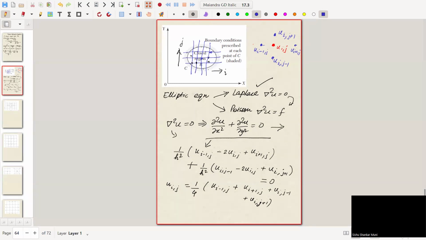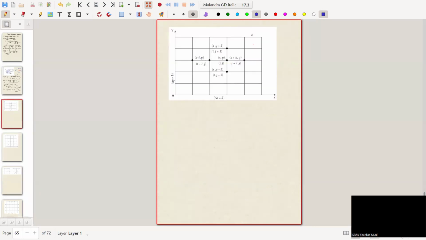So you can see how the structure looks. The same thing is drawn here. You can see your mesh. Delta x is h, and delta y is, suppose, k. It's not mandatory that you take the same step size for the x and y coordinates.